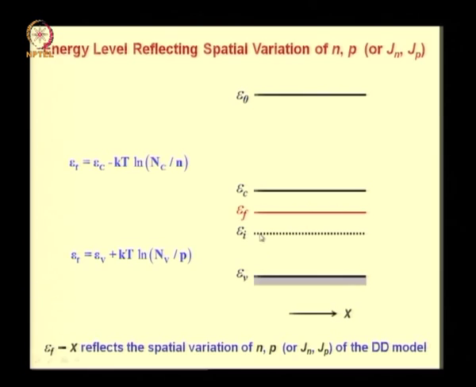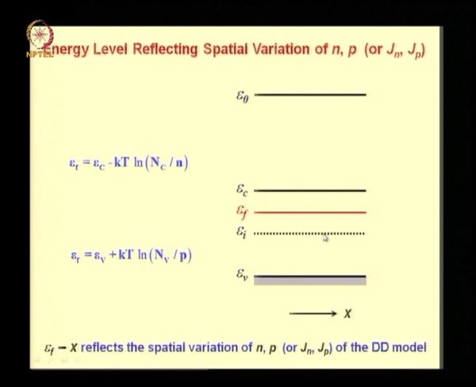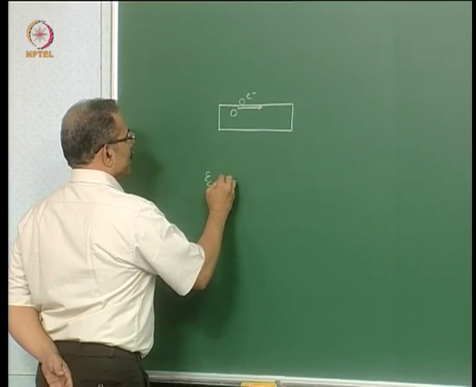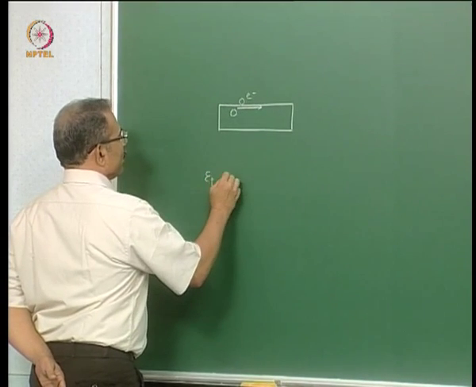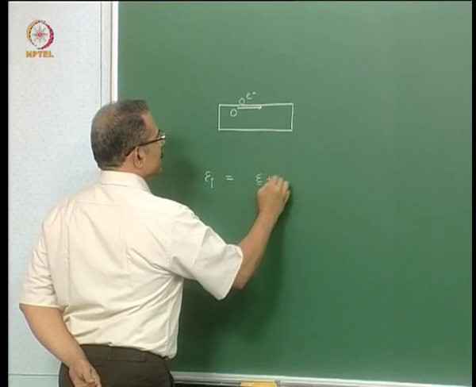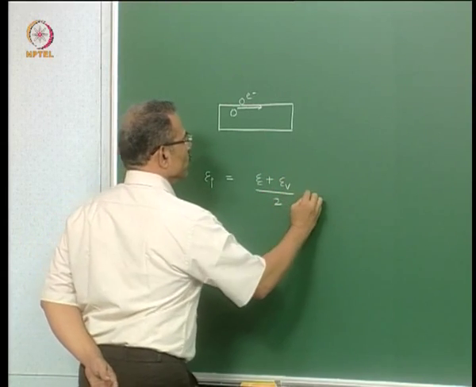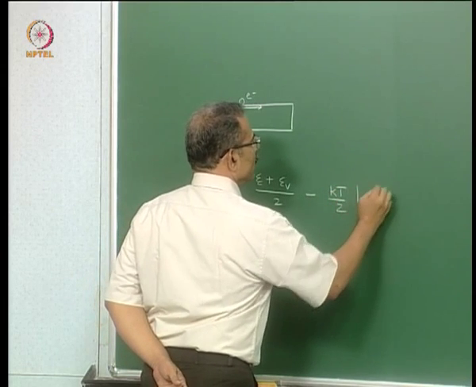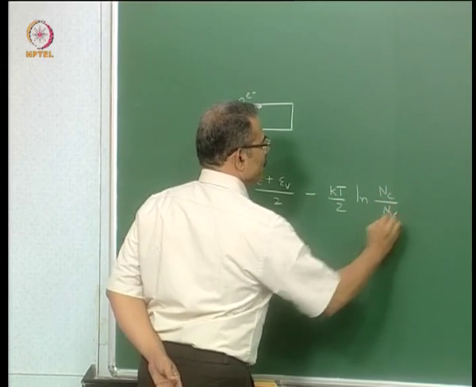So in an intrinsic semiconductor, the Fermi level will be close to the middle of the energy gap. The reason why it is not in the middle of the energy gap is because Nc and Nv are different in general. So from your first level course, you would have known that the EI is given by EC plus EV upon 2 minus KT upon 2 ln Nc by Nv.